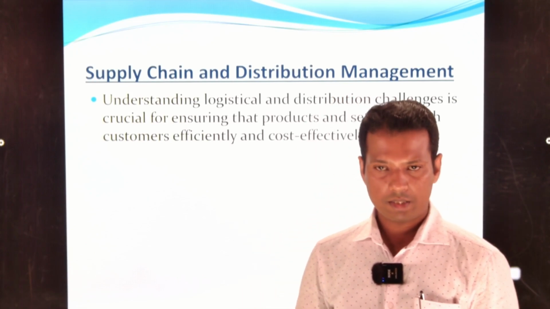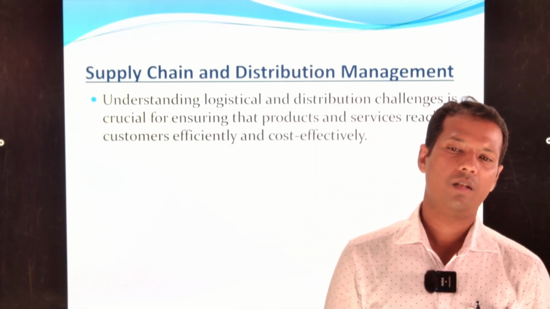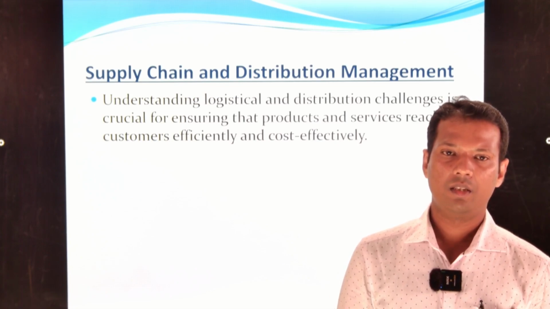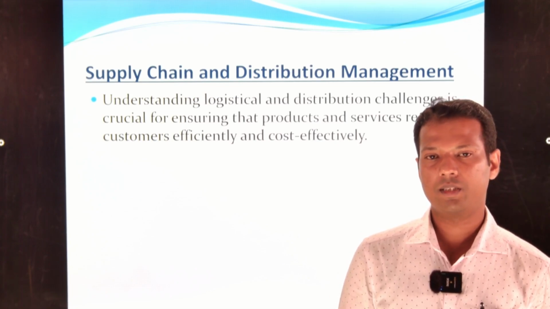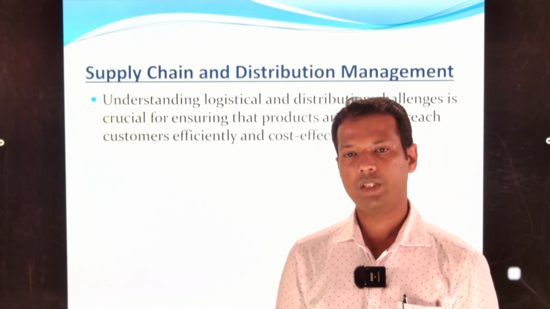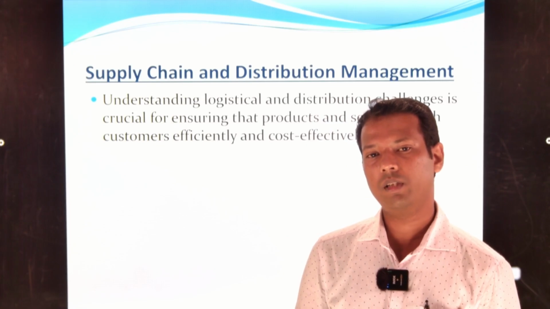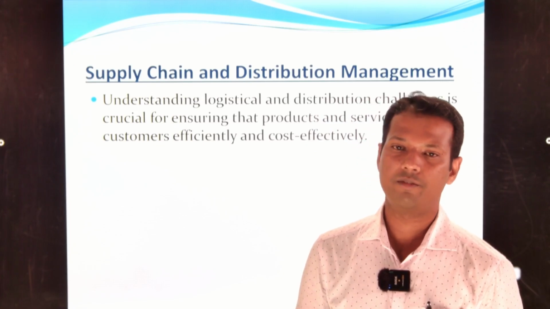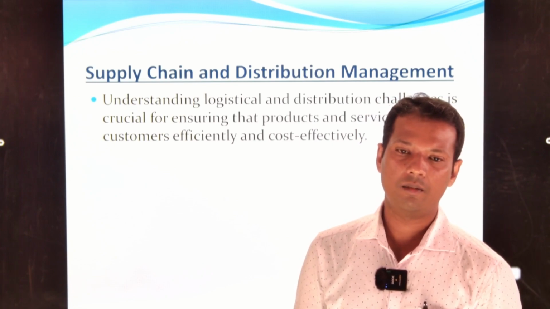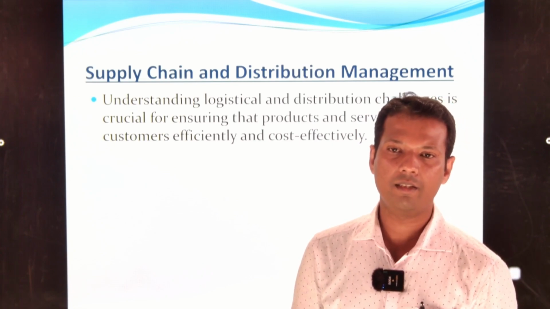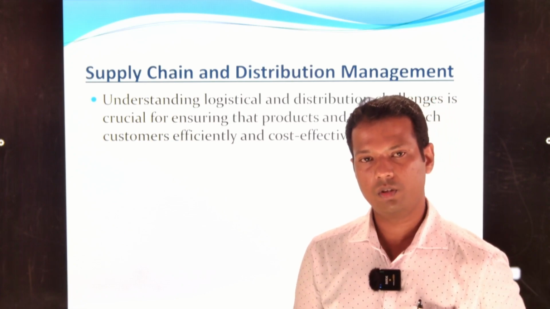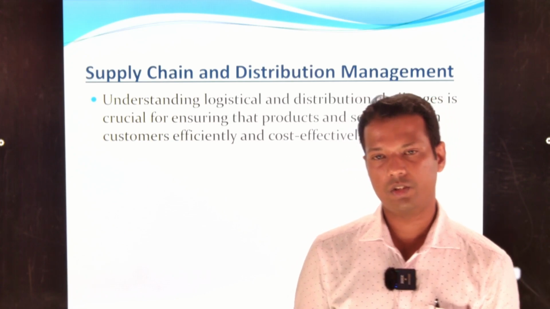So, to understand the entire logistical distribution setup, it is important that the products and services can effectively reach the consumer, cost effectively, in less time, in an easy and proper way. That all relates to the supply chain distribution management process.